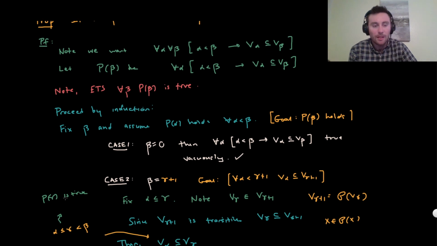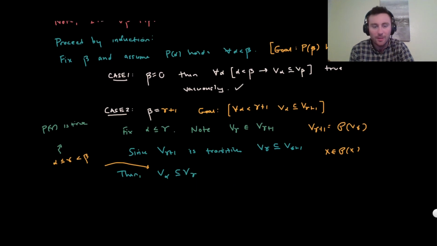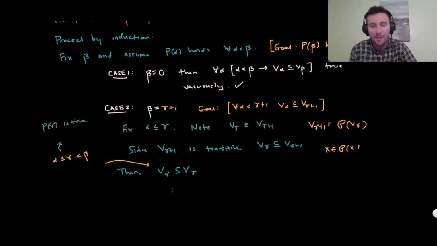And that means that if we take anything less than gamma, say alpha, it's going to be the case that V alpha is a subset of V gamma. So V alpha is a subset of V gamma, right? Because both of these things are less than beta, and we're assuming that this induction hypothesis holds for everything less than beta.